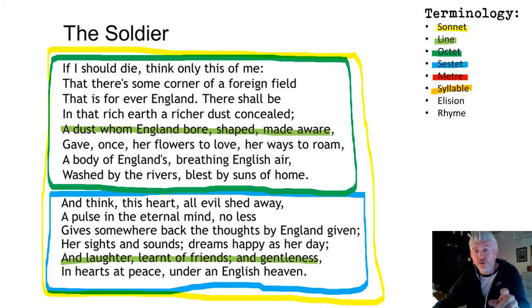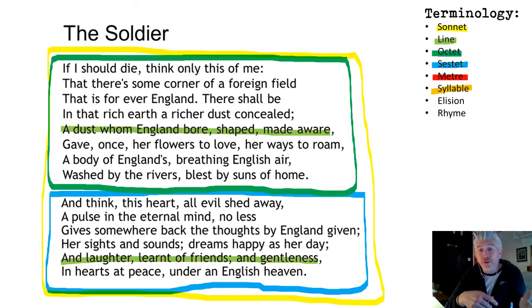So it's 5 lots of 2 beats. It should go dee dum, dee dum, dee dum, dee dum, dee dum. That's 5 lots of dee dum. Dee dum is a pair, and there are 5 pairs. So: if I should die, think only this of me.